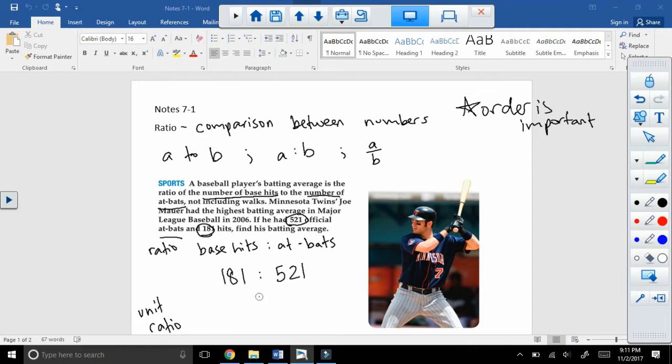So what you could do here is actually just divide those numbers, and you will have to round this. It's approximately 0.347, and that's to 1 if you write it as a unit ratio. Most of the ones we're going to be doing we won't write as unit ratios, but it is important for this because that's how they give batting averages.